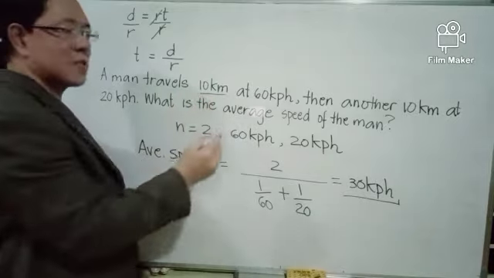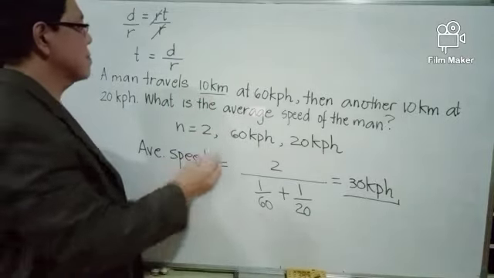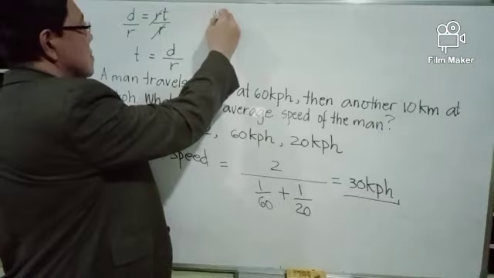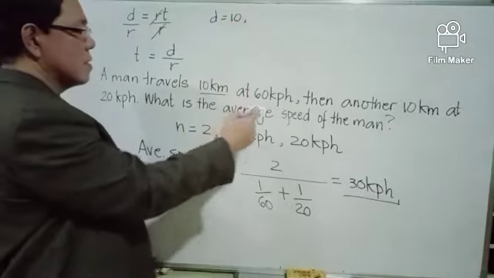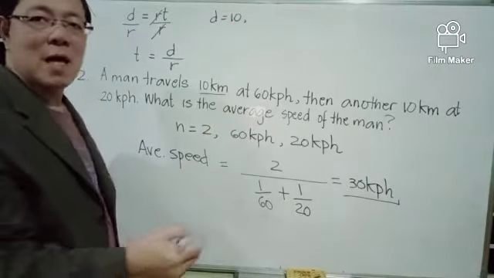For the first 10 kilometers, the speed of the man was 60 kilometers per hour.